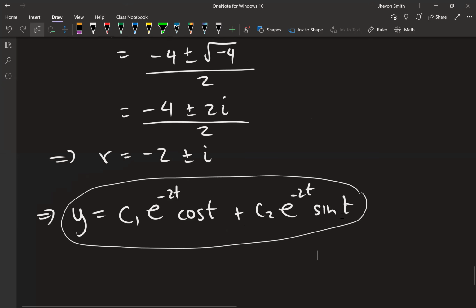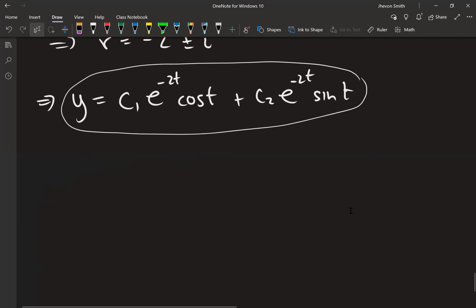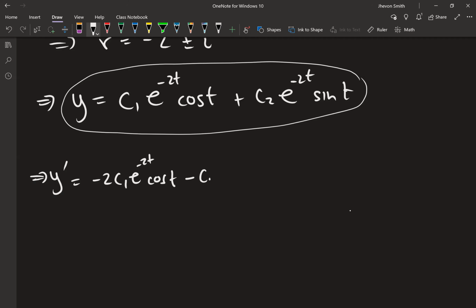Now, of course, we want to plug in the initial conditions, so I'm going to need to know what y prime is. Now, for y prime, I'm going to need a product rule. So I get minus 2 c1 e to the minus 2t cosine t minus c1 e to the minus 2t sine t. That's the derivative of the first one by the product rule.